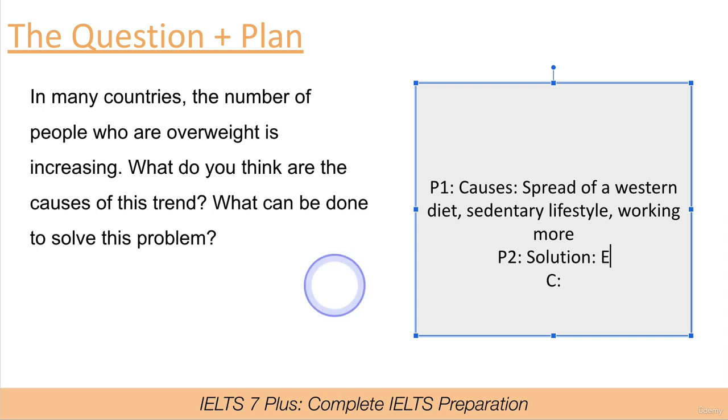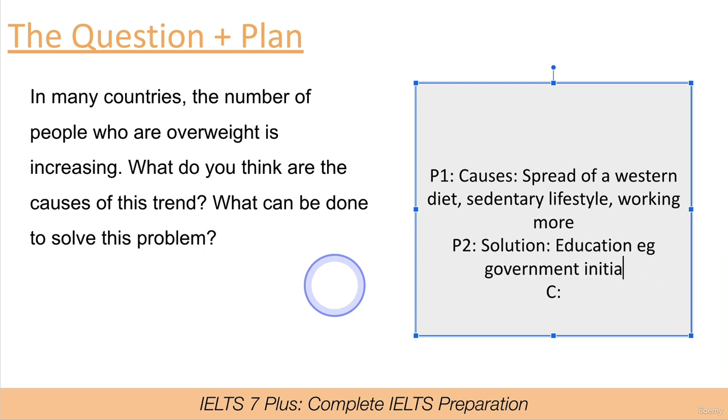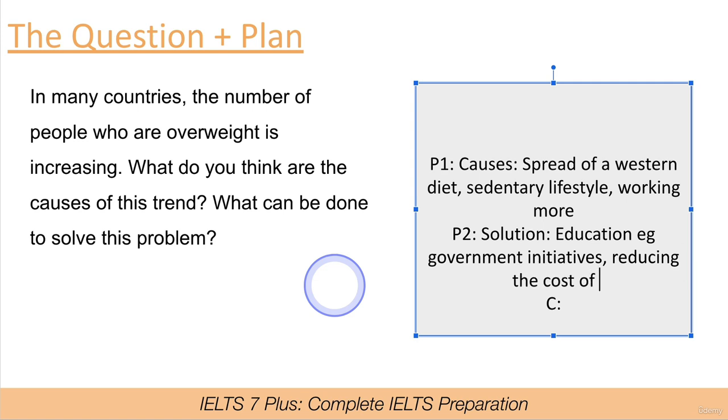Okay, solutions. So I think education, we can talk about maybe government initiatives. They can spread awareness of the importance of healthy diets. And I think the government can also do their part in reducing the cost of certain foods and activities.